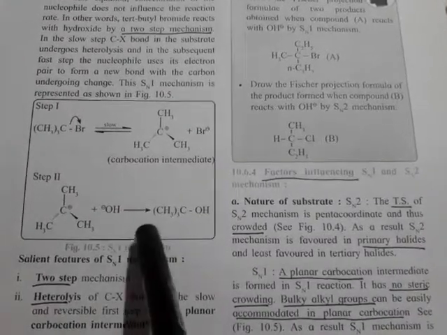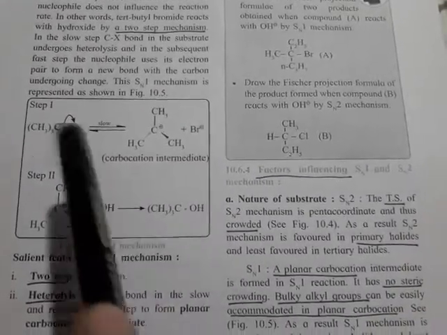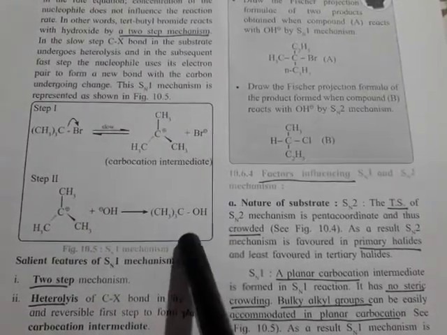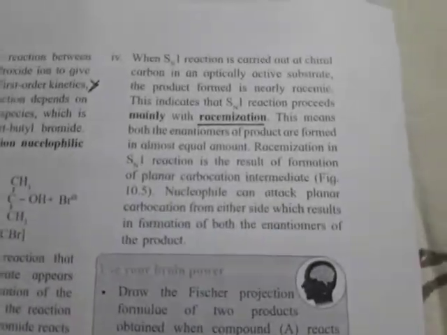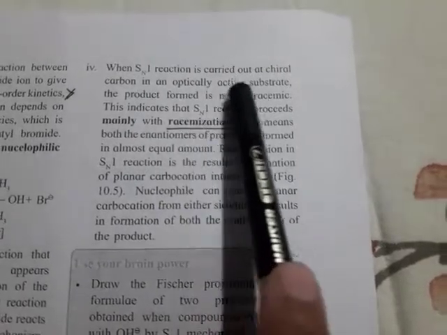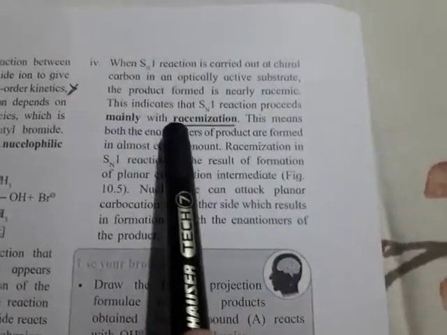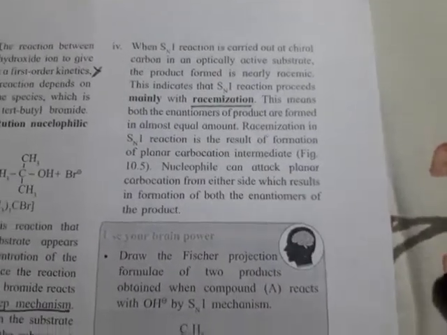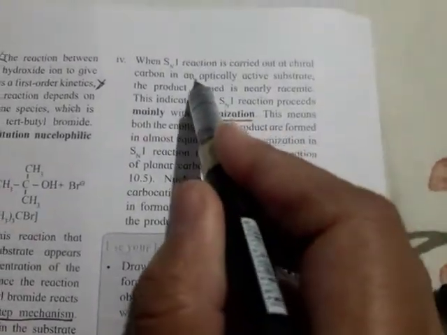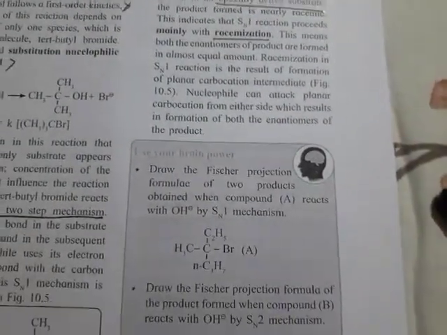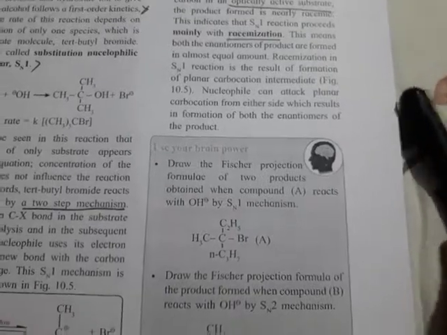So we get a mixture of two substances. See, only when the substrate is optically active does racemization take place, meaning a racemic mixture is obtained. So that's all for SN1 reaction.